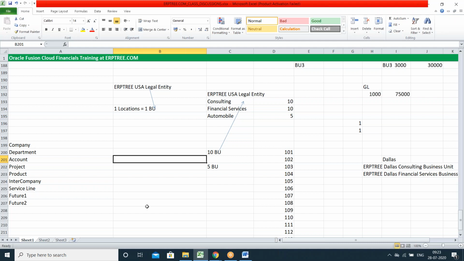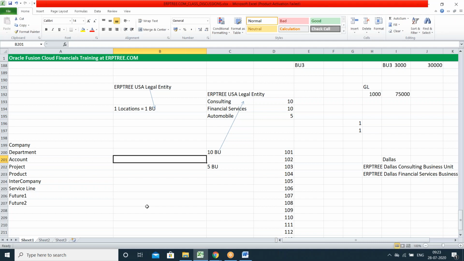In that case, they'll have only one business unit. So even though they have multiple locations, the business unit won't come into the picture as a main deal. It could be something else, like the products.